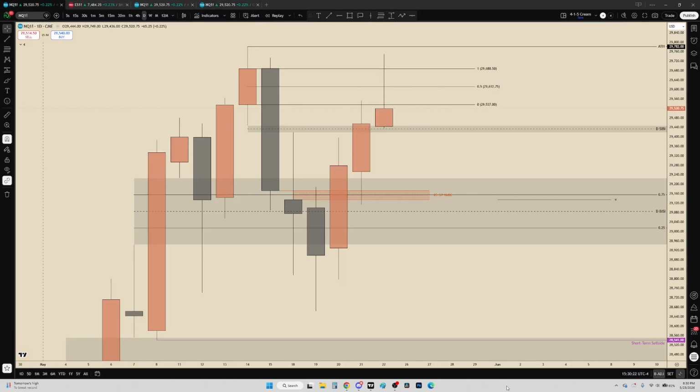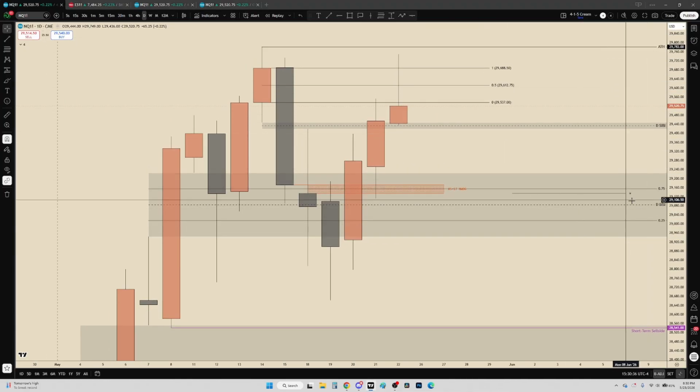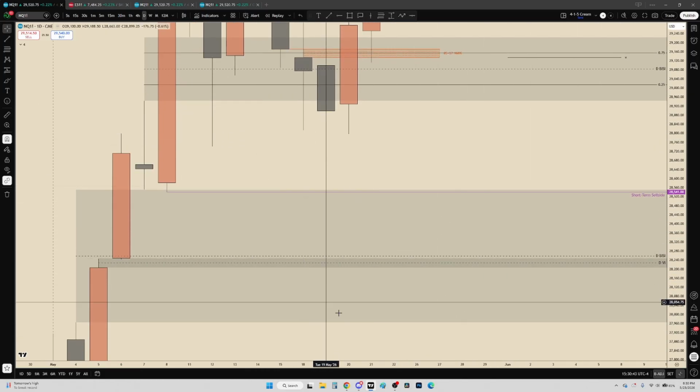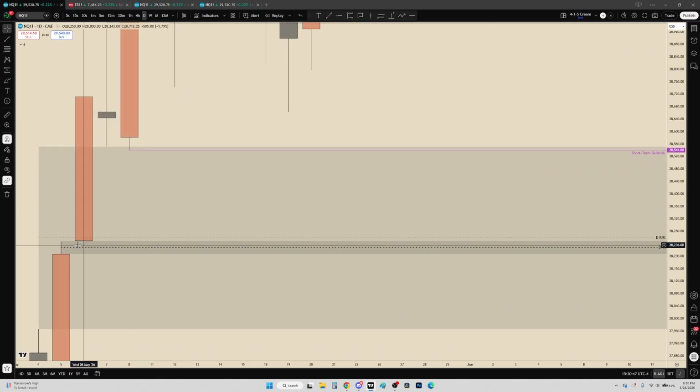To show you what I mean by the higher time frames taking precedence and being superior to the lower time frames, I want you to look at this daily chart. You'll see that I marked out the daily buy-side imbalance, sell-side inefficiency here. I also marked out this daily buy-side imbalance, sell-side inefficiency here. I also have a daily volume imbalance right here.